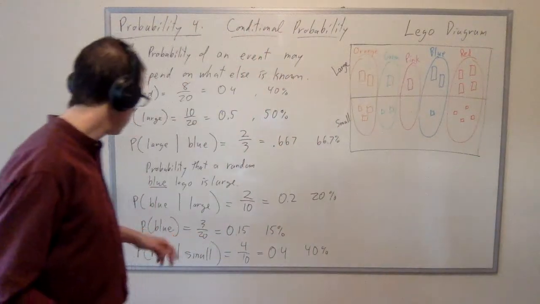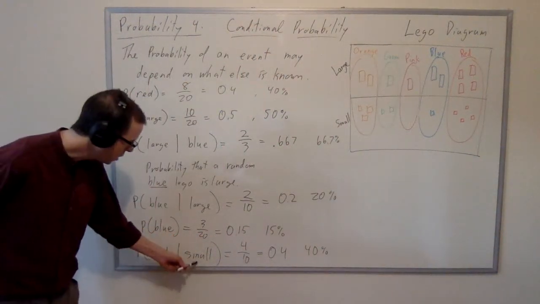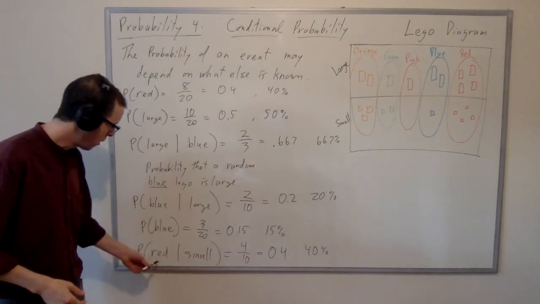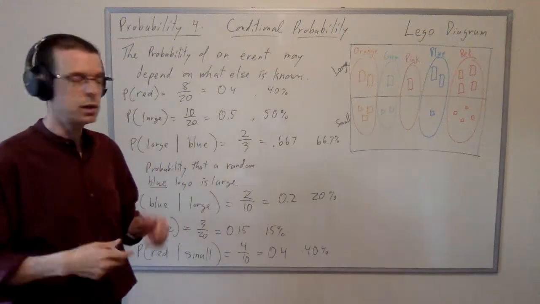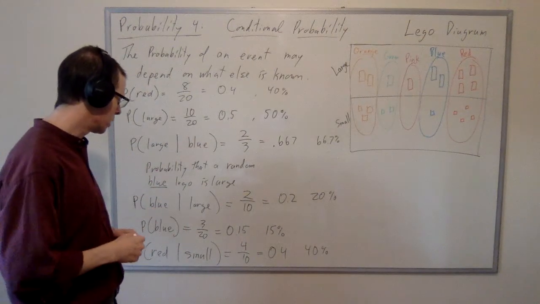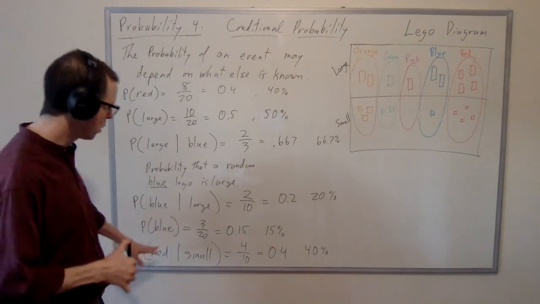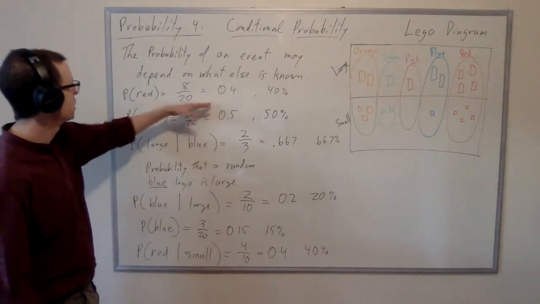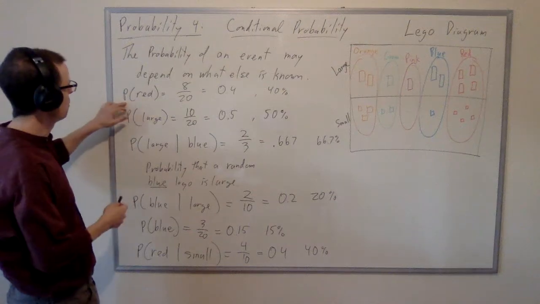And this will always happen when we have independent conditions. Conditioning on small doesn't do anything to the probability of red because red and the size condition are independent variables here. And so the conditional probability under the condition of small was the same as the more absolute probability of simply being red.